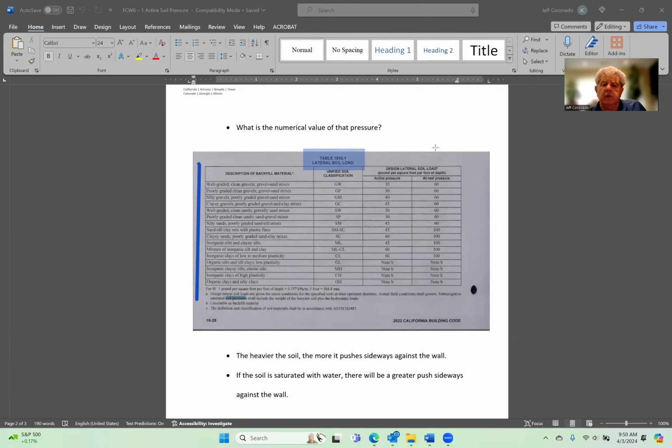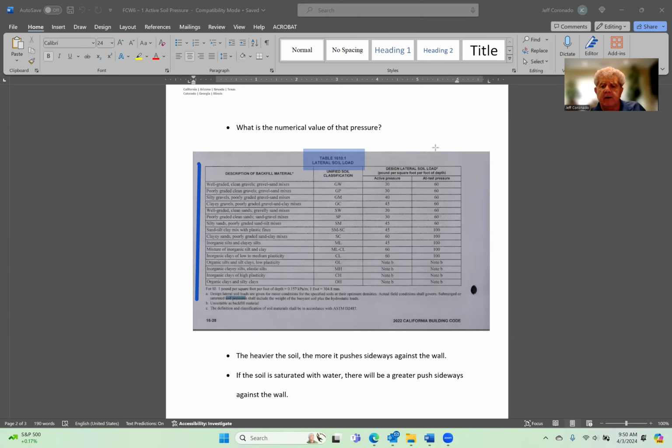It's called lateral soil load. If you're looking at another building code other than the California Building Code, it probably has a very similar name. Whether you're in a region that uses the IBC, or there is another code in force in the jurisdiction where you're designing the retaining wall, the terminology is probably pretty similar.